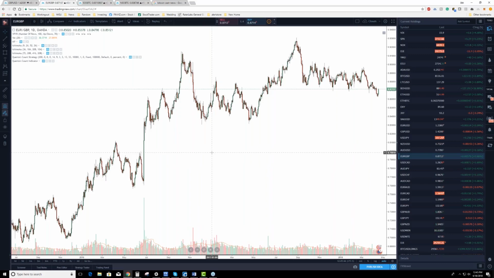For instance, the pound dollar. I've been short the pound dollar for about 2 weeks, and I've been adding on the rise up because I was forecasting a turn in the market around this time.